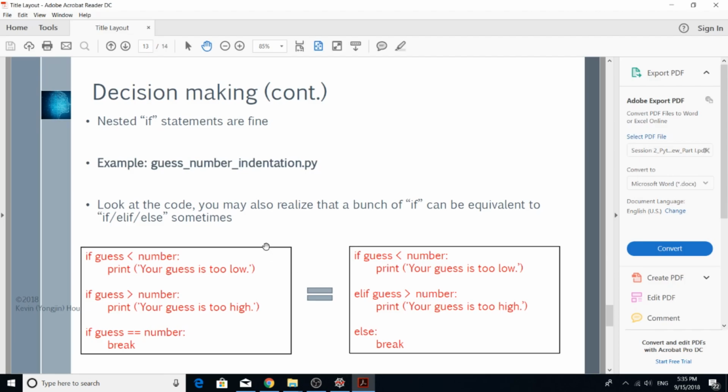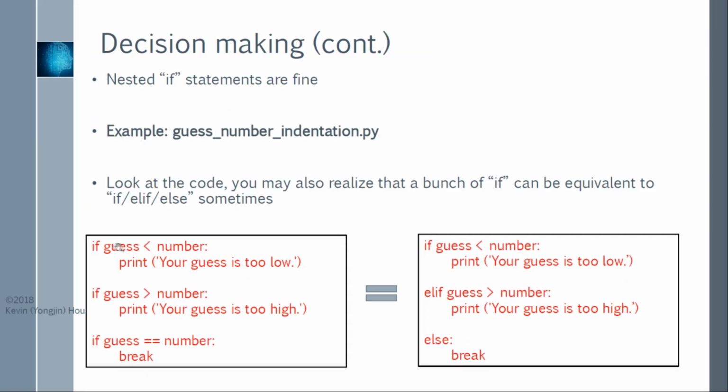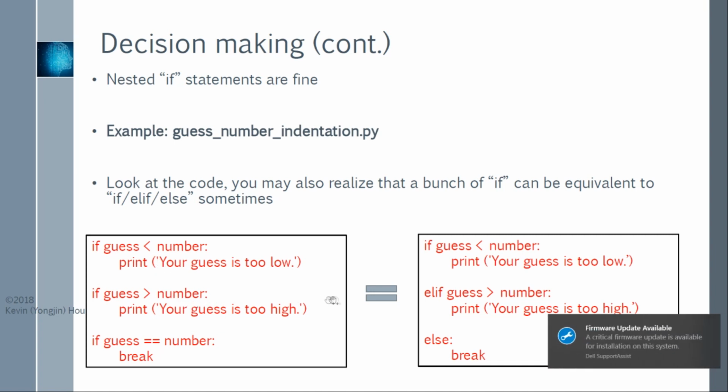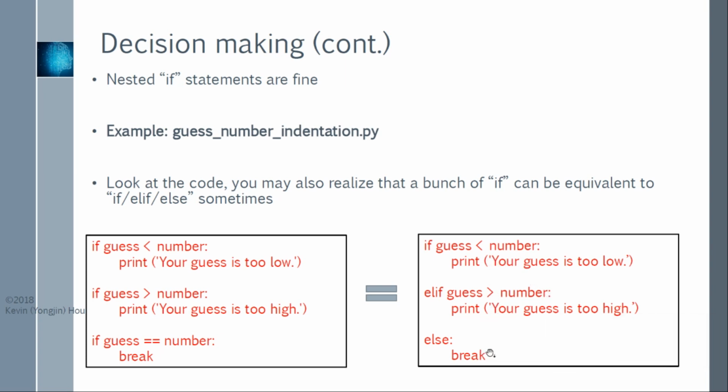Now if you look at the code carefully and think a little bit, you may realize the three sequential if blocks in the game can get something equivalent by doing the if and else break, right?